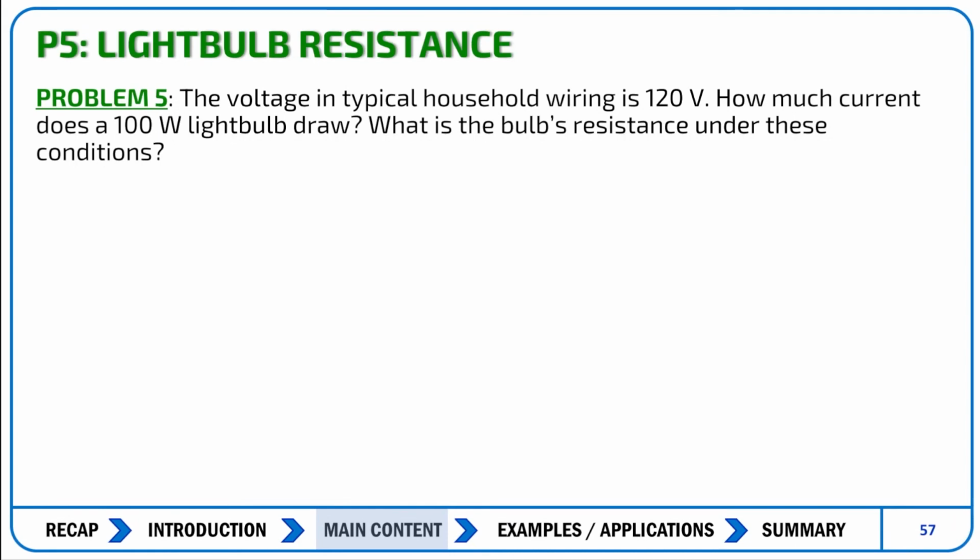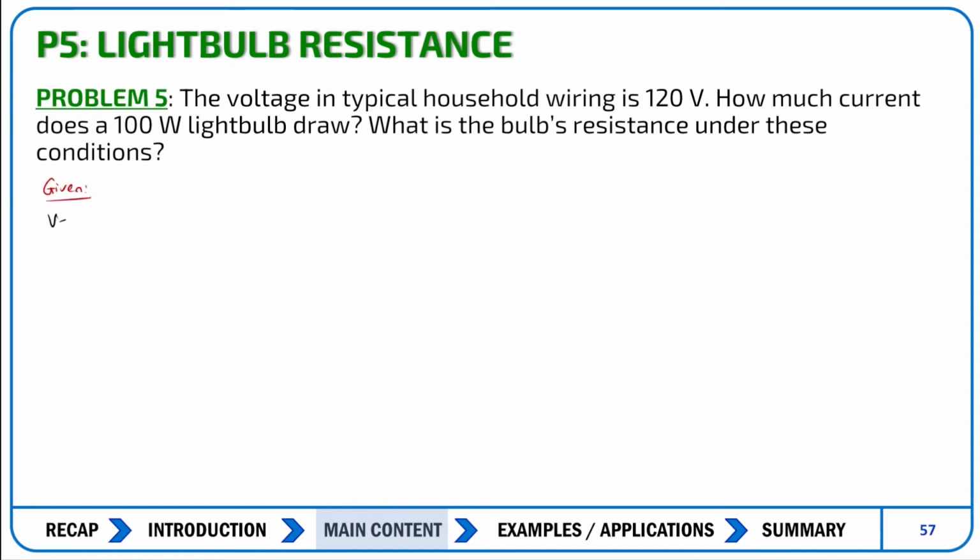Let's take a look at the resistance of a light bulb. We know the voltage of typical household wiring is given as 120 volts. You've probably seen this before. How much current does a 100-watt light bulb draw? What is the bulb's resistance under these conditions? So first, I have to know what information I'm given.